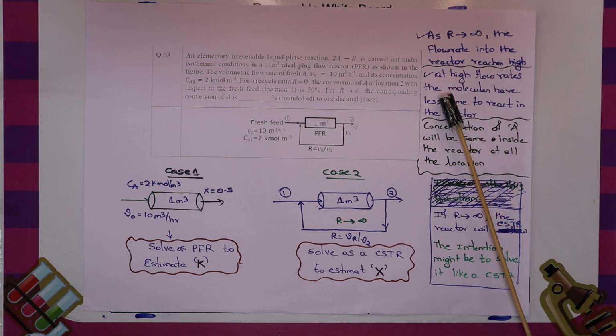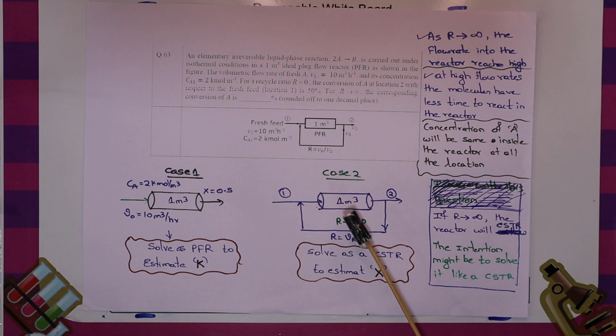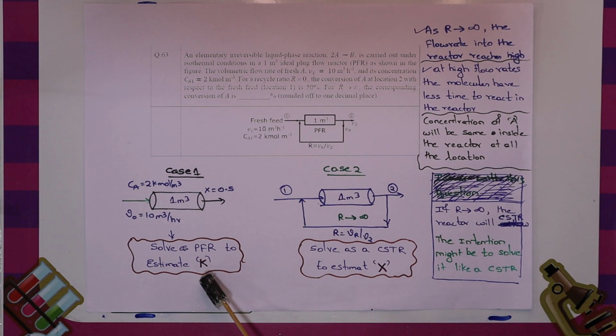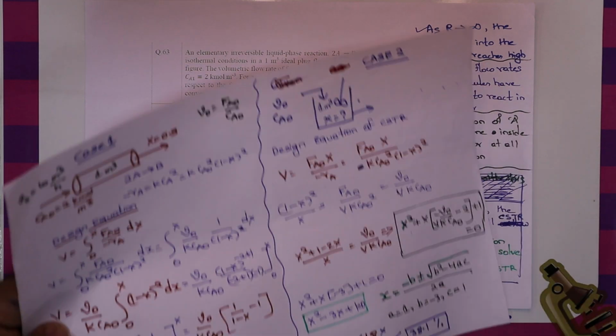At high flow rates, the molecules have less time to react, and the concentration of A will be the same inside the reactor at all locations. So the intention is to solve it like a CSTR. Through case 1, we will get the information about k. For case 2, use the value of k calculated in case 1 to find the conversion in the recycle reactor.